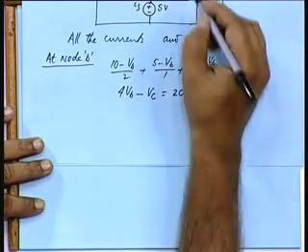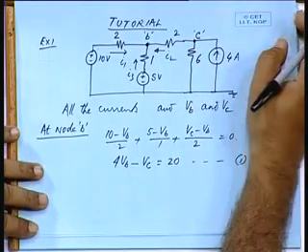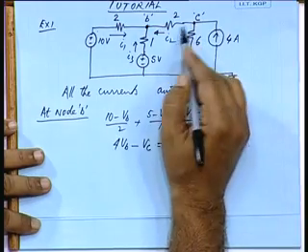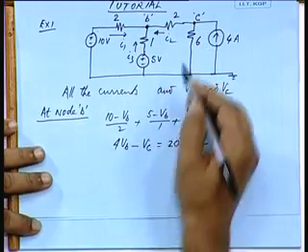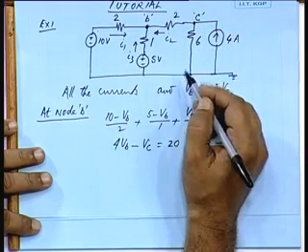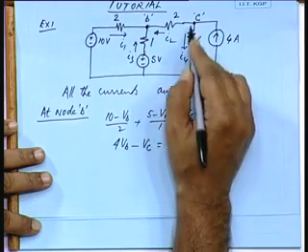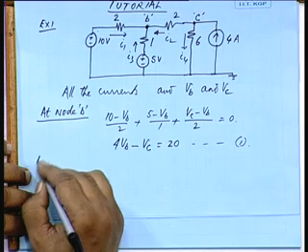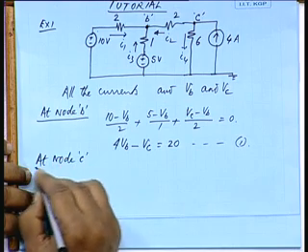Now, if I apply the same nodal equation at node C, what would be the currents? Once again, suppose I 4 is the current going away from this. So, I 4 plus I 2 is equal to 4. Correct me if there is any slip.